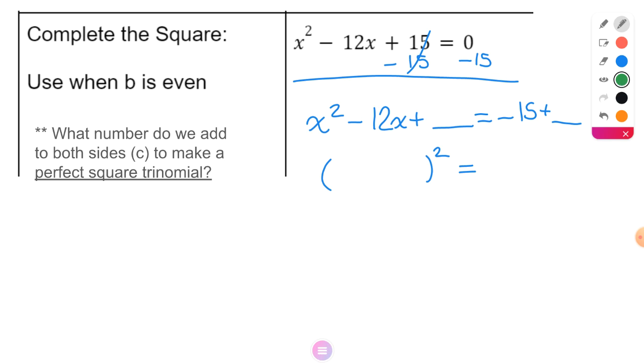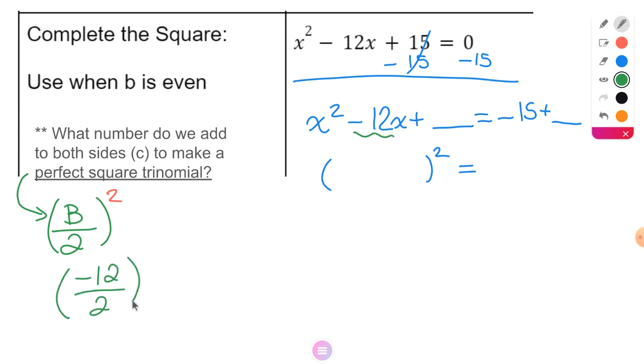All right, now I have to take my B value, divide it by 2, and then square it. My b value is negative 12, so I'm doing negative 12 divided by 2, which is negative 6. So I've got x minus 6, and then I have to square that. Negative 6 squared is 36. That's what goes on both sides.